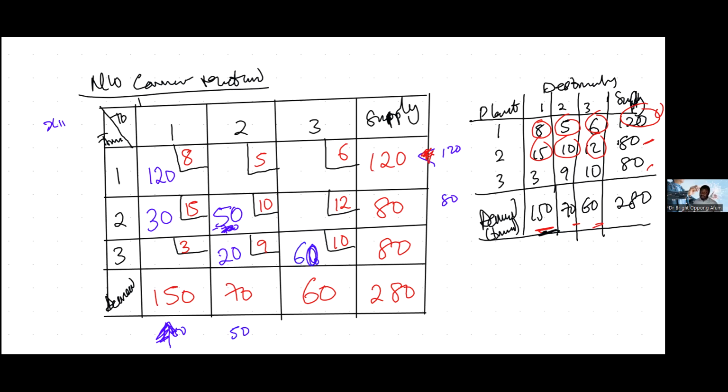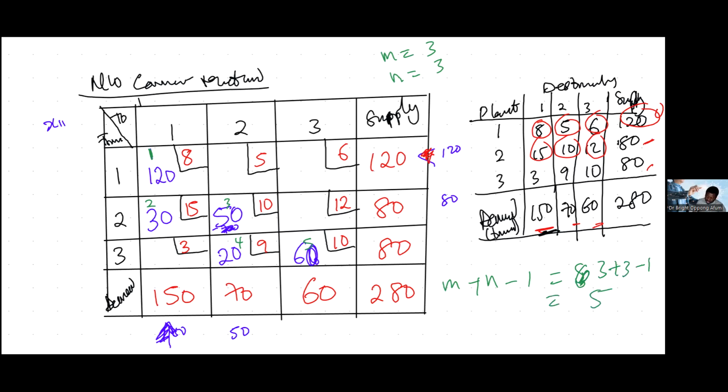So if it is balanced, you will get this, and therefore how many cells have been filled here? We have 1, 2, 3, 4, 5. So M is equal to 3, N is equal to 3, and M plus N minus 1 is equal to 3 plus 3 minus 1, and that is 5.